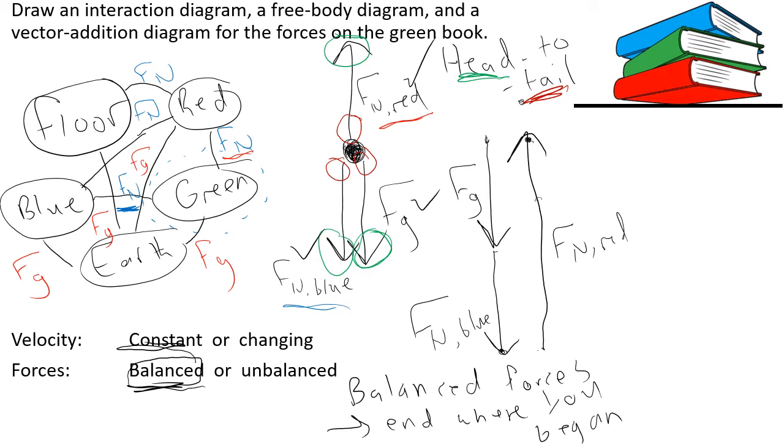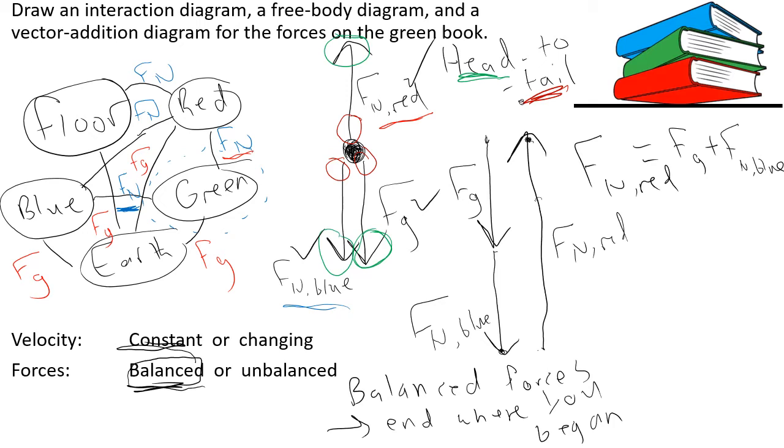And what I can get from this diagram here is that if I were to look at the magnitudes, or the number of newtons, of each force, I would see that the normal force from the red book is equal to the sum of the weight and the normal force from the blue book.